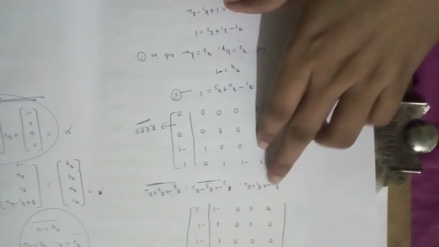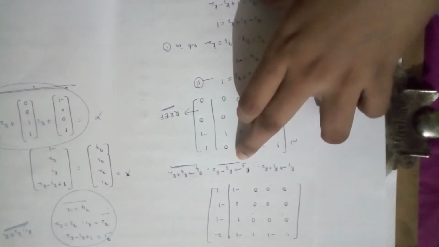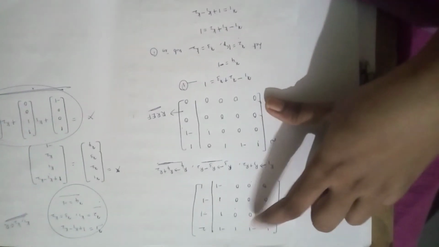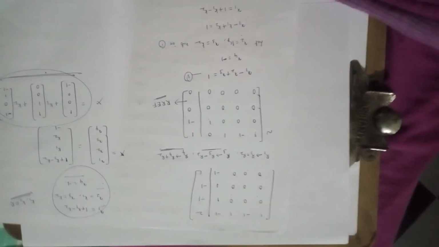After that we have to apply R1 plus R2 in R1, R3 minus R2, and R4 plus R2. So 1 plus 0 is 1, and minus 1 plus 0 is minus 1, 1 plus 0 is 1, and minus 1 plus 1 is 0, and next 2 minus 1 is 1.